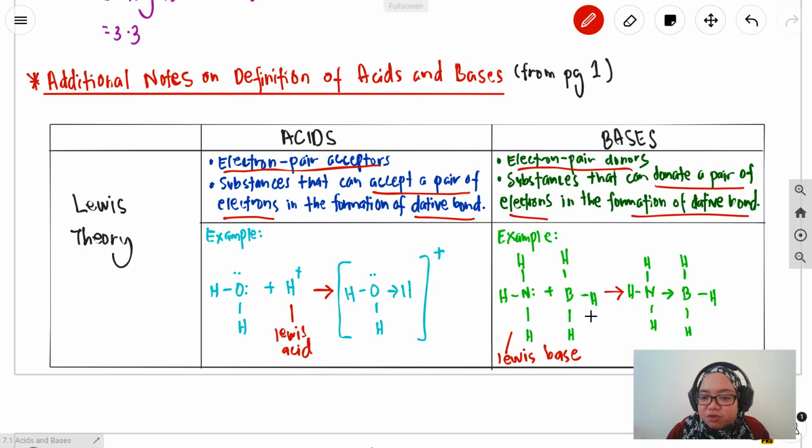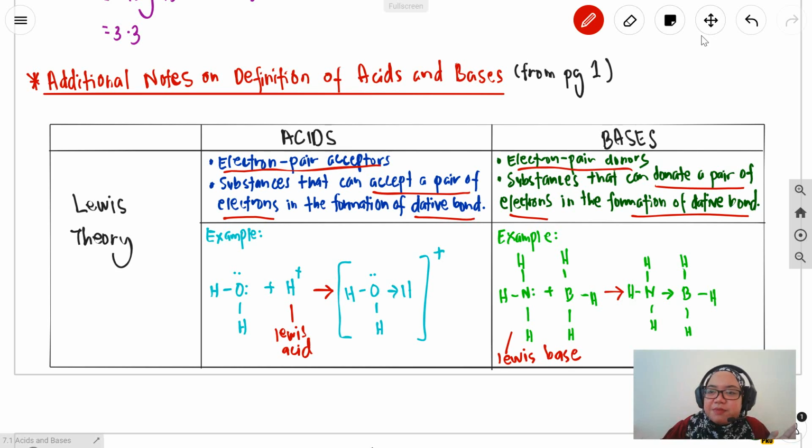BH3 here is a Lewis acid because BH3 can accept a pair of electrons from NH3. So remember, a Lewis acid is an electron pair acceptor, which means it can accept a pair of electrons in the formation of a dative bond. And a Lewis base is an electron pair donor, which means it can donate a pair of electrons in the formation of a dative bond. So that is the definition of acids and bases based on Lewis theory.